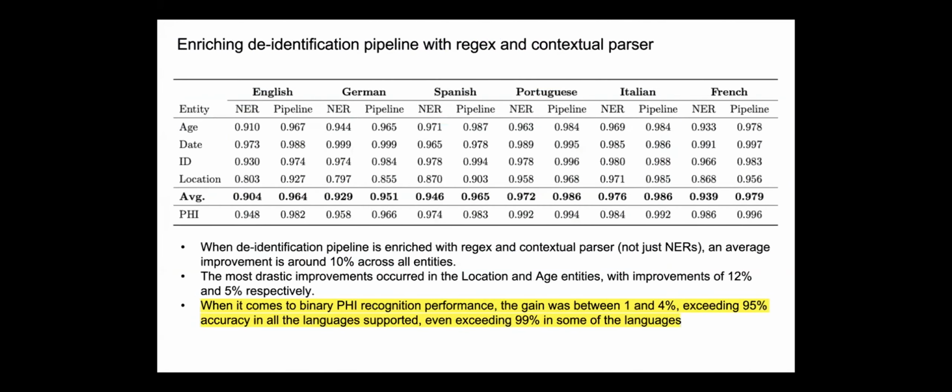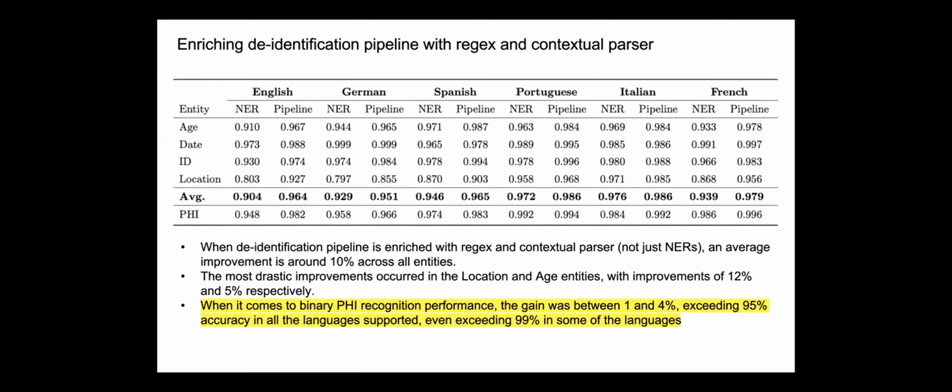When we enrich the identification pipeline, because PHI means protected health information, we need to detect it at first. So the first stage is named entity recognition, right? But when we do this, it is sometimes overkill and sometimes hard to catch all the differences in different languages, because when it comes to age, date, ID, and location, we can even use some lookup tables, some regex rules, and contextual parsers.